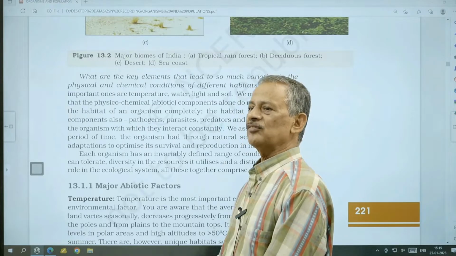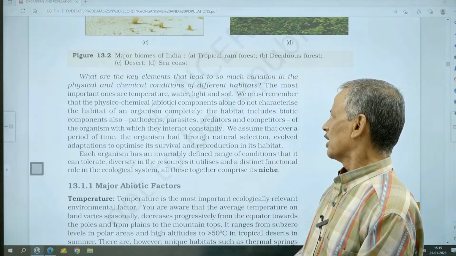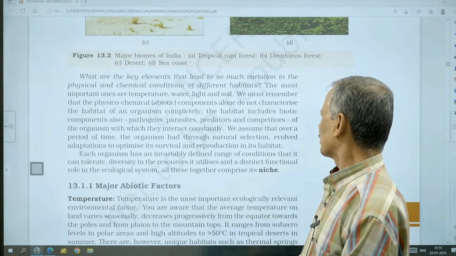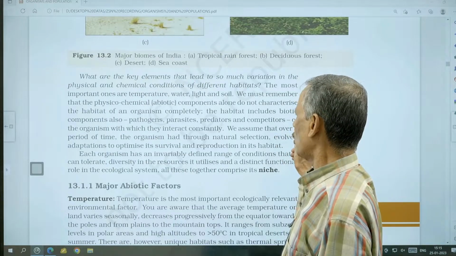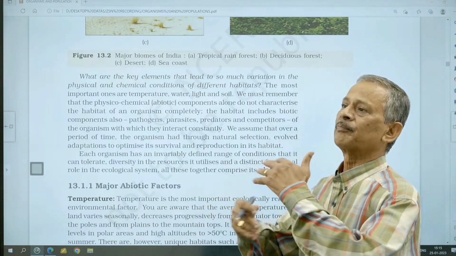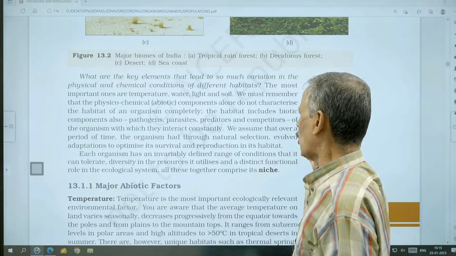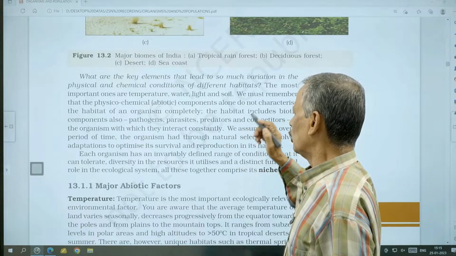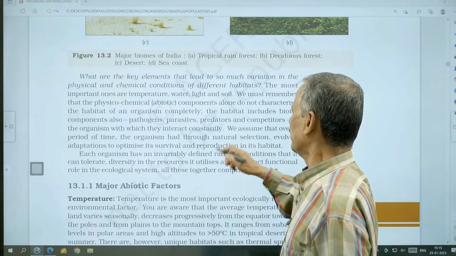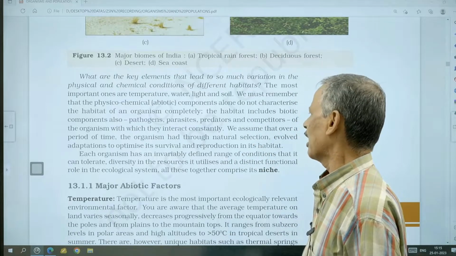These organisms are constantly interacting among each other. They are interrelated and interacting with each other. And that's how they have evolved. Through this interaction and interdependence, all organisms are evolving newer and newer adaptations to live, to successfully survive in that environment, in that habitat.